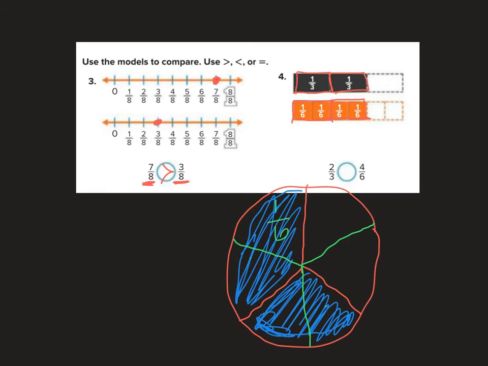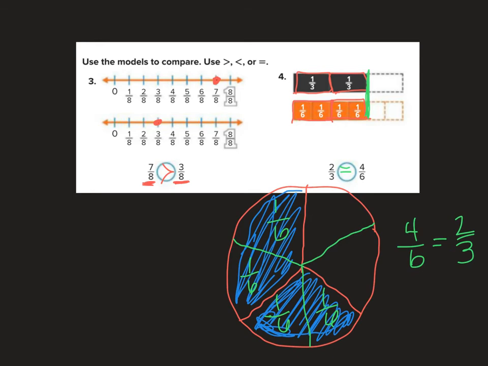This will be 1/6, 1/6, 1/6, 1/6. And now, the green part represents 1, 2, 3, 4/6. So that means that 2/3 is equivalent or equal to 4/6. And you can look here on these that they take up the same amount of space.